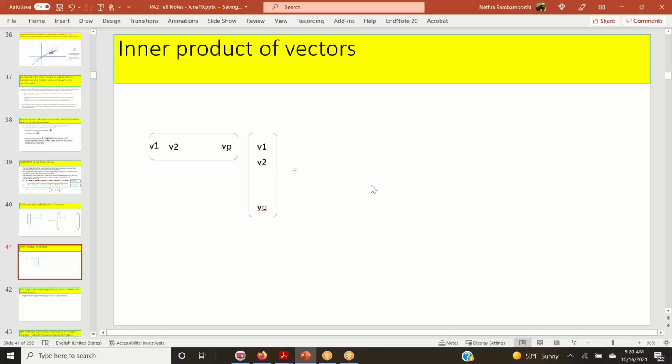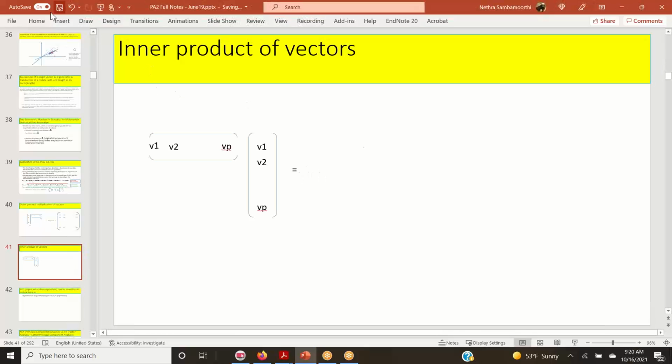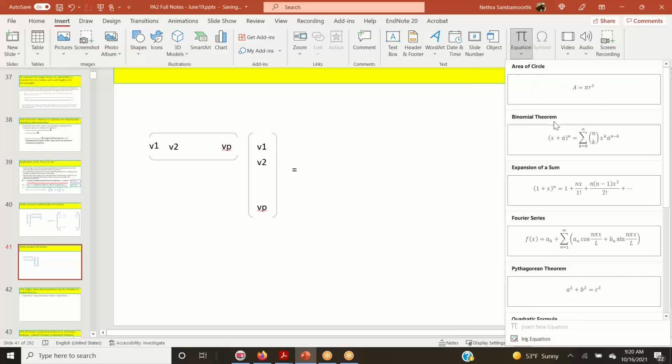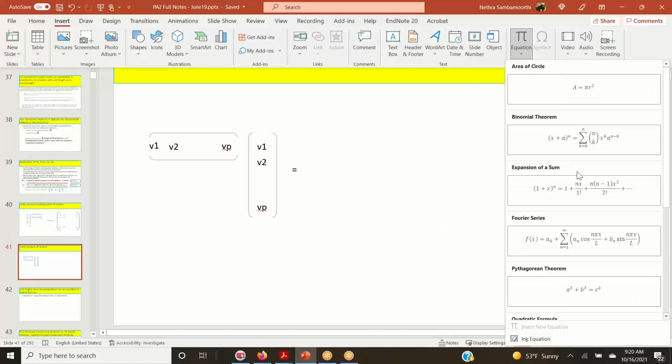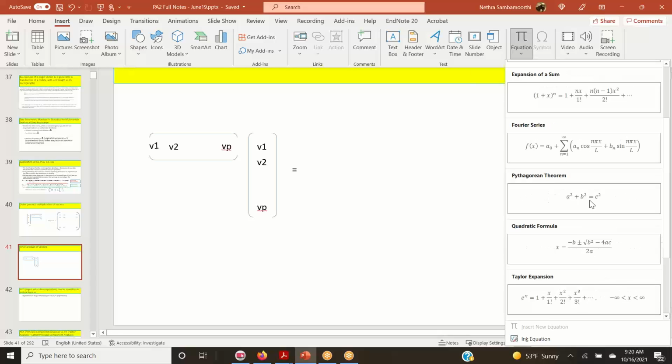And this is equal to, very interestingly, I'm going to write it like this as an equation. The math is there, but it's kind of hidden. I can use the equation, it's good enough for me.